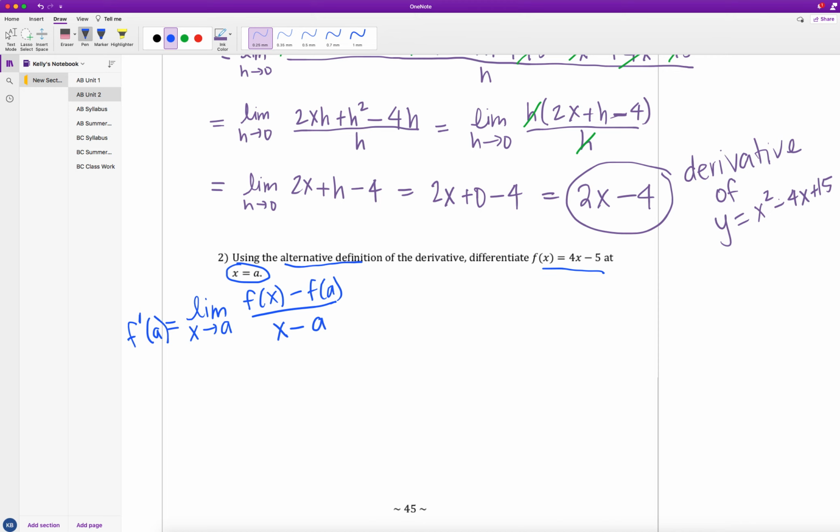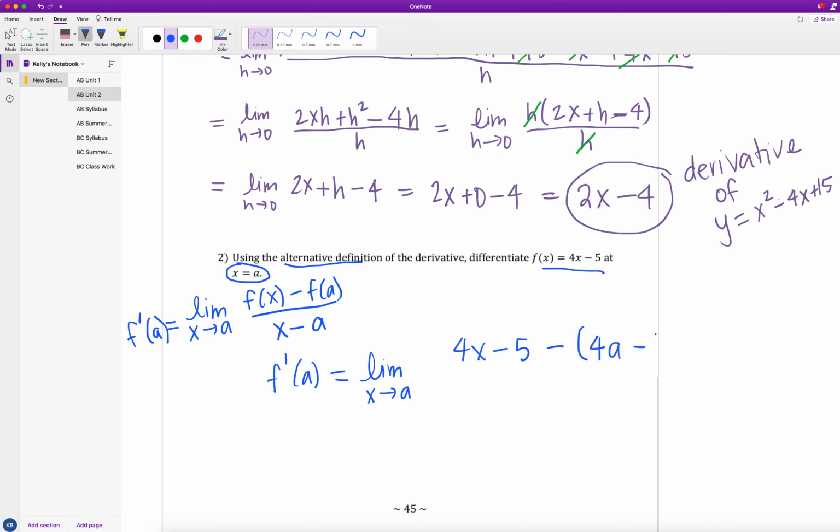Okay, let's set this up. We're going to find f prime of a. So I will have the limit as x approaches a. The first thing I need is f of x, which we have, that's 4x minus 5. Minus, I need an f of a, so I'll substitute in an a in place of all the x's.